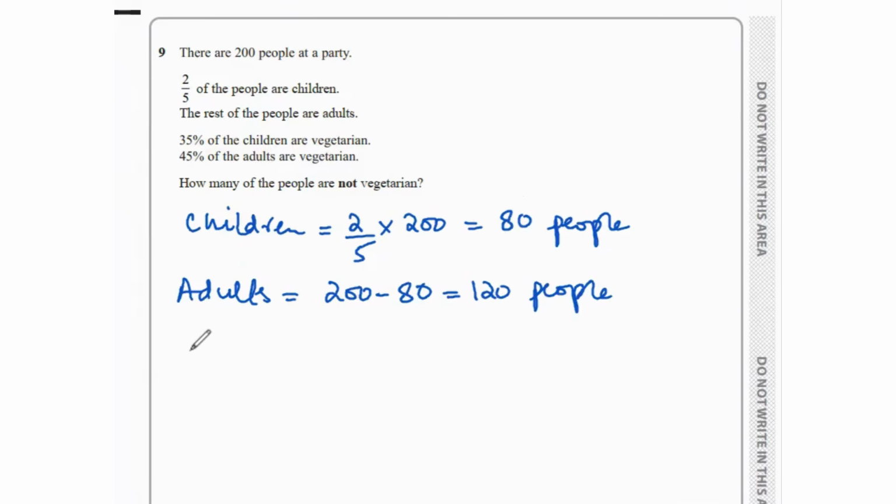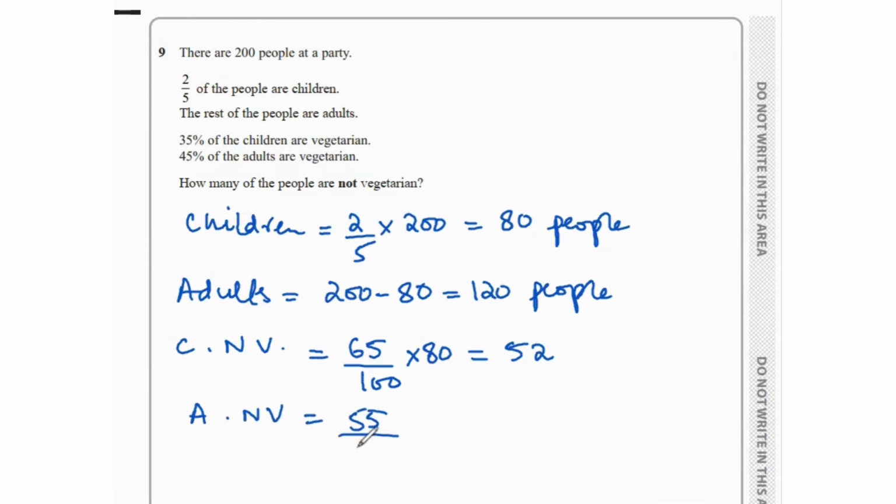35% of the children are vegetarian. So children and non-veg, that's going to be 65%. So 65% of 80 is going to give us the children who are non-vegetarian. That's 52. Then for adults, 45 are vegetarian, so 55 are going to be non-veg.